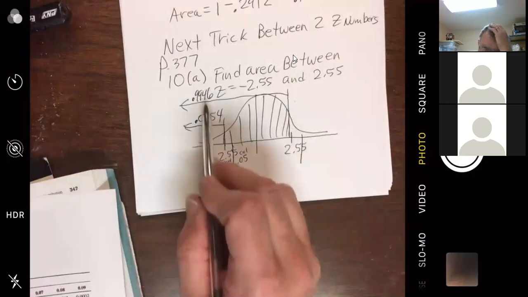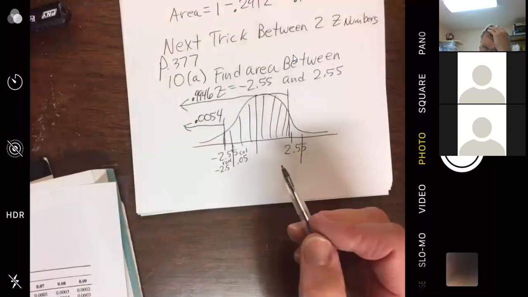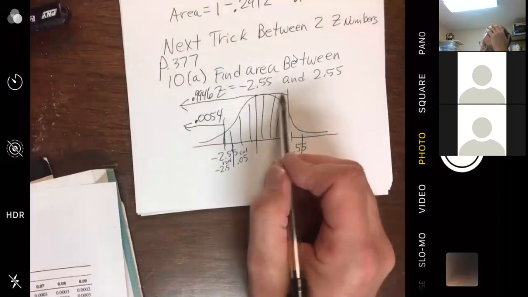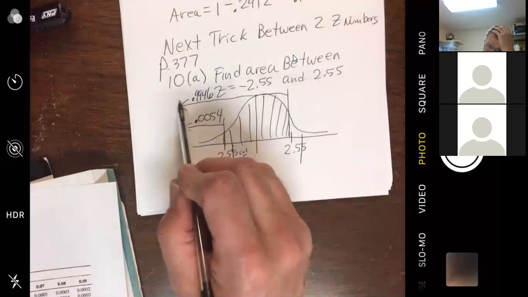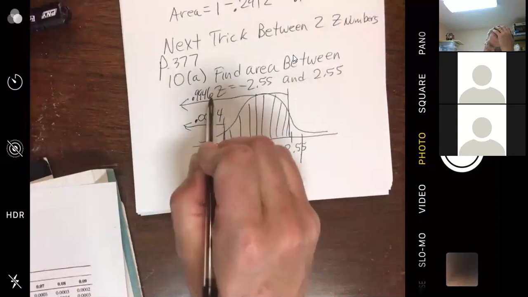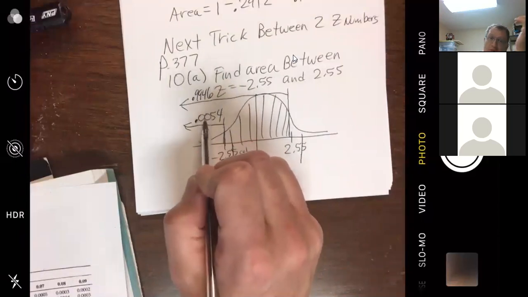Well, neither one directly is my answer. What do I do with these? If I'm 0.9946 all the way to the left, and this much left of this is inside this, what do you think I should do with them? Subtract them, very good.